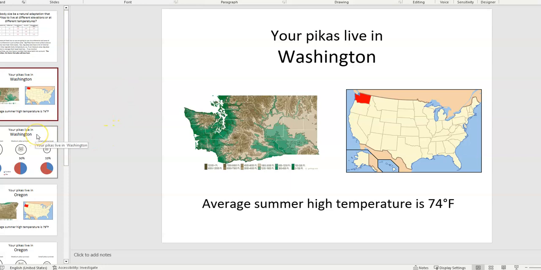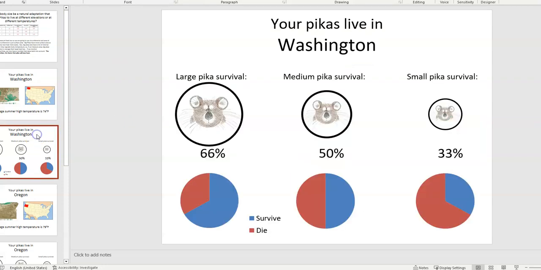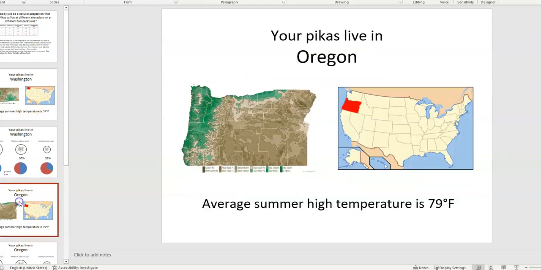In this distribution at an average summer temperature of 74 degrees, the large pikas are about 66%. The medium pika's survival is about 50%, and the small pika survival is 33%. That means these small pikas are not surviving well in Washington, where the summer temperature is 74 degrees.